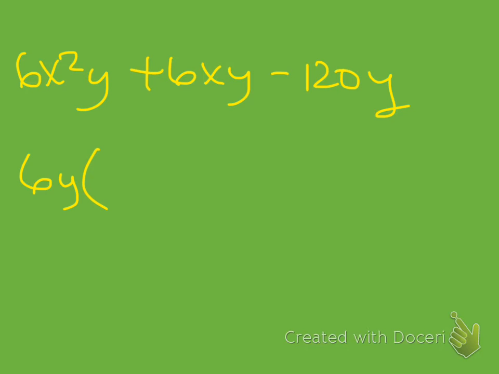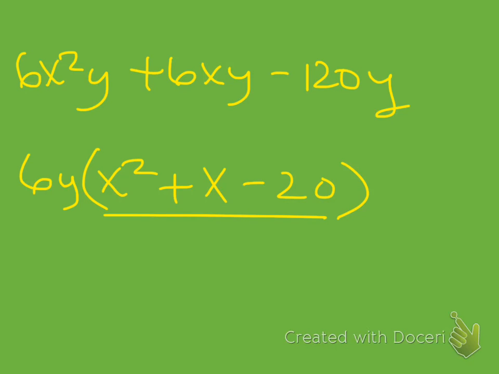When I do that, you'll have x squared plus x minus 20. 6 goes into 12 how many times? 2 times. There you go. Now this is a trinomial.